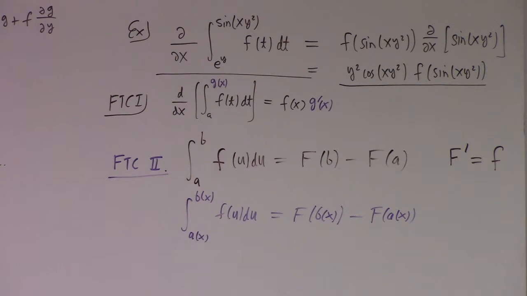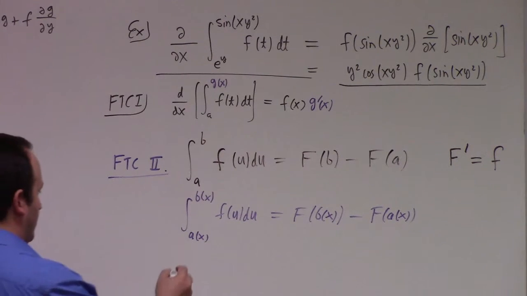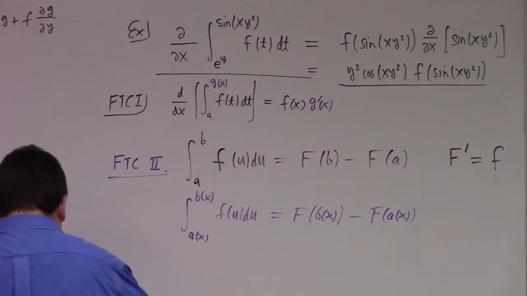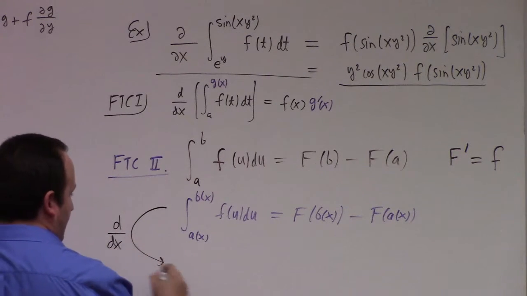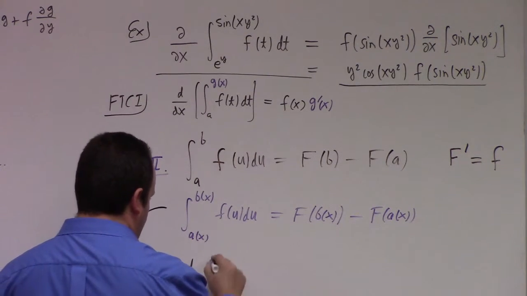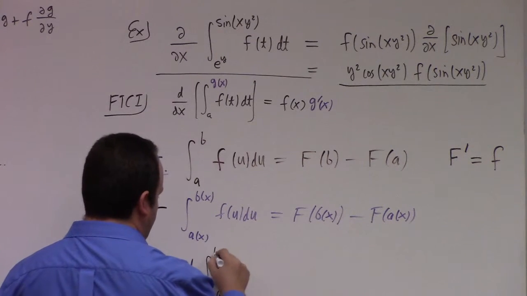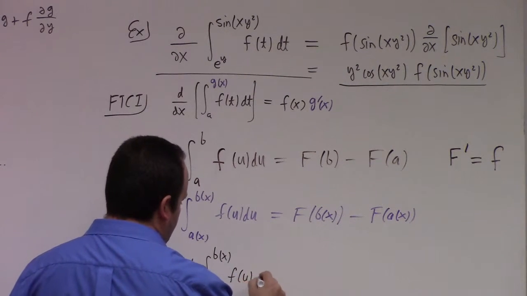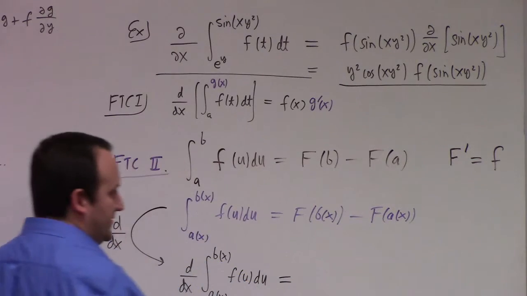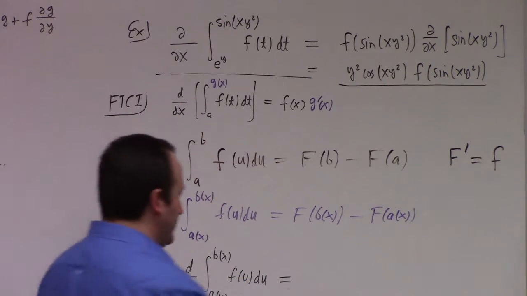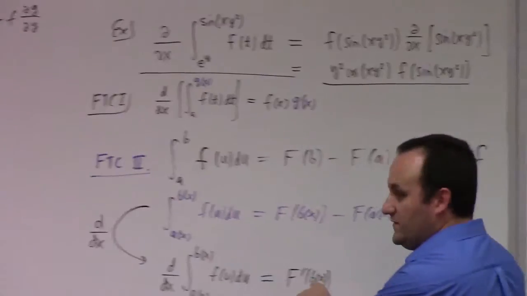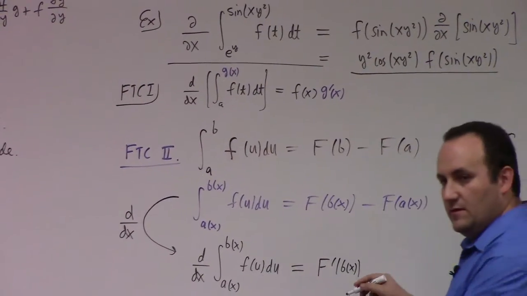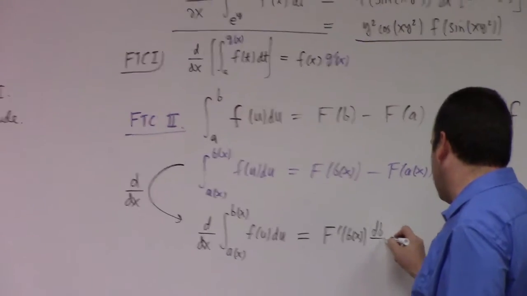What happens when you differentiate that? Differentiate with respect to x. So I get d dx of the integral from a of x to b of x of f of u du equals, on the one hand, F prime of b of x. But b of x is the inside function, so when I differentiate, I have to do the chain rule and multiply by db dx.